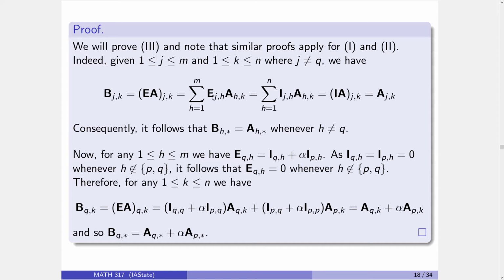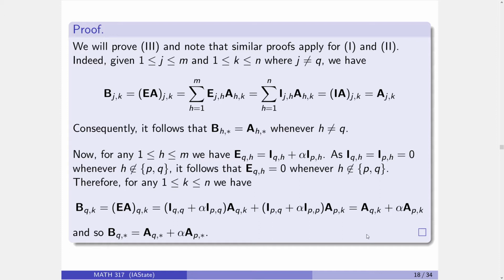So in E times A, the sum over h, which runs from 1 to m, for anything that's not p or q just zeroes out. So the only things we pick up are these, and now what happens when we add them up?